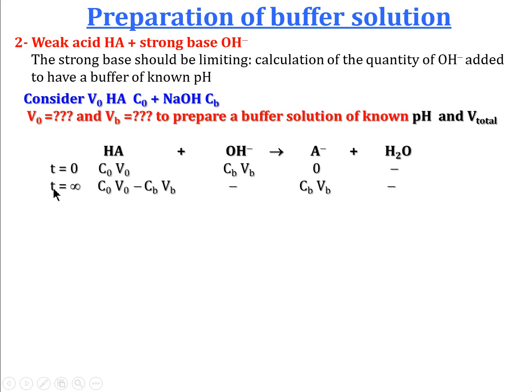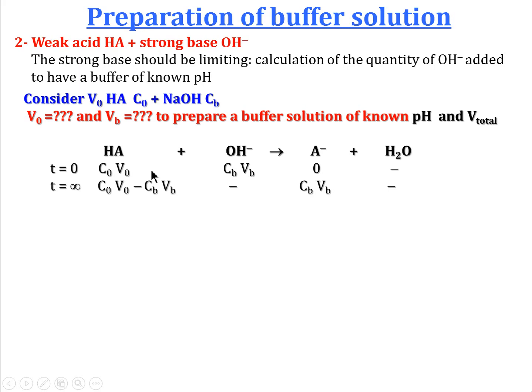The reaction proceeds until t equals infinity, and we said that OH- should be limiting. So the number of moles of HA at infinity equals C0 V0 minus Cb Vb. OH- is limiting, so we have epsilon, and the A- formed is equal to the limiting OH-, which is Cb Vb. So in the final solution we now have HA plus its conjugate base A-.